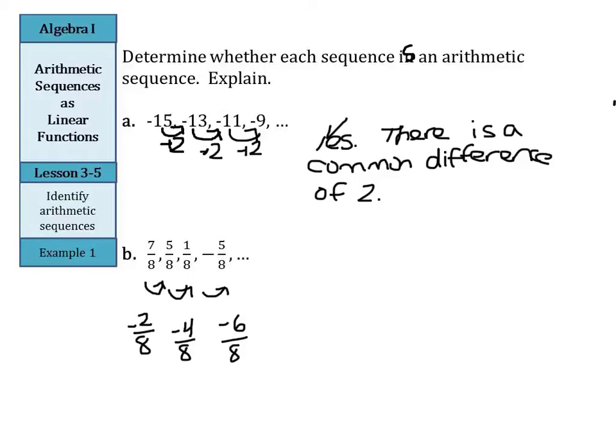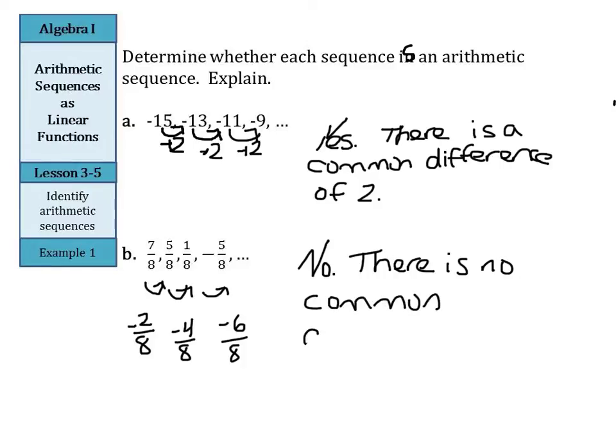And yeah, there's a pattern, but our answer to whether or not the sequence is arithmetic is no, since there is no common difference. So to determine whether each sequence is arithmetic, look for the common difference. In example A, there was a common difference of 2, so our answer was yes. In example B, there was no common difference, so our answer was no.